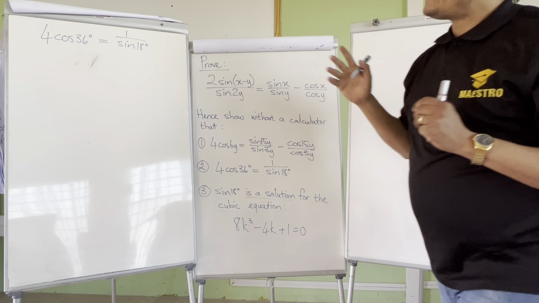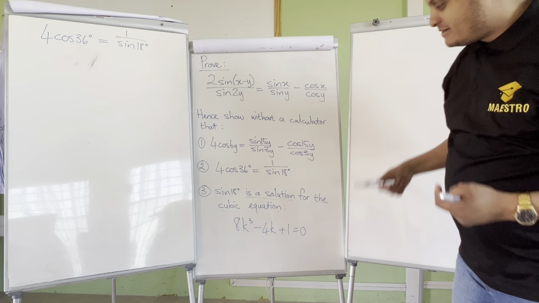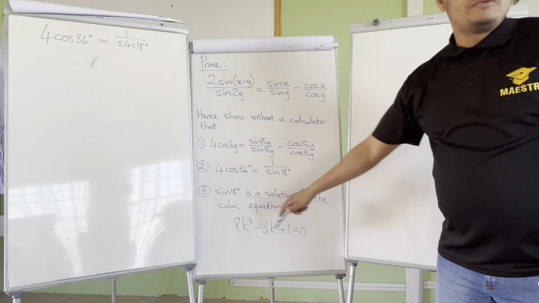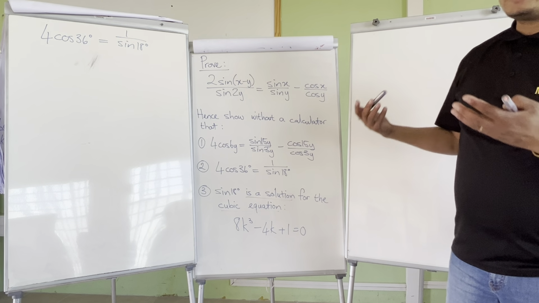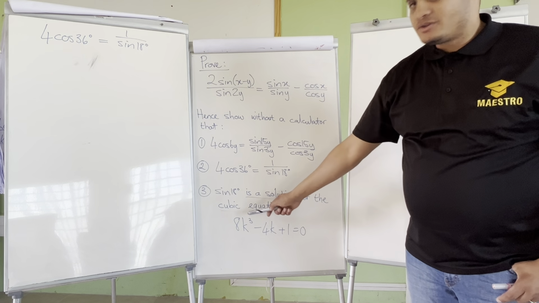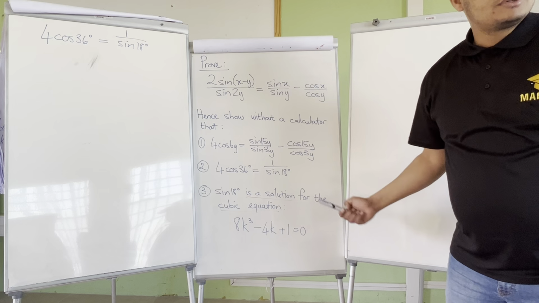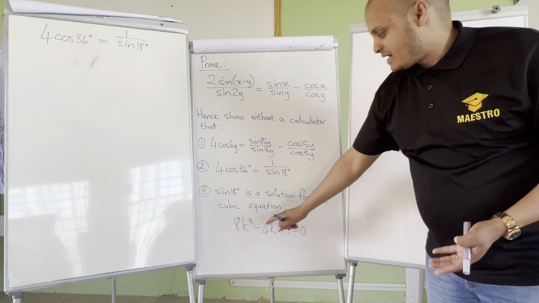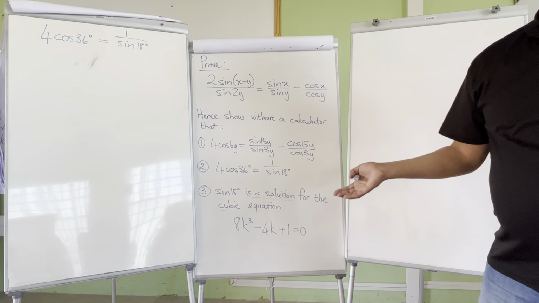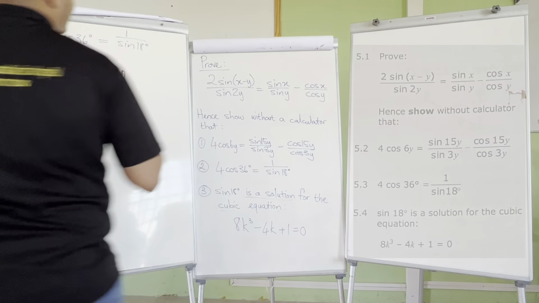In other words, if I can get an equation in terms of sine 18 that looks like this, equal to 0, then I have proven that sine 18 is a solution. If I can write an equation where I have sine 18 cubed minus 4 times sine 18 plus 1 is equal to 0, then sine 18 and k are the same thing, which means I've proven what they asked me to do. This is where you need to start. Okay, let me start you off.